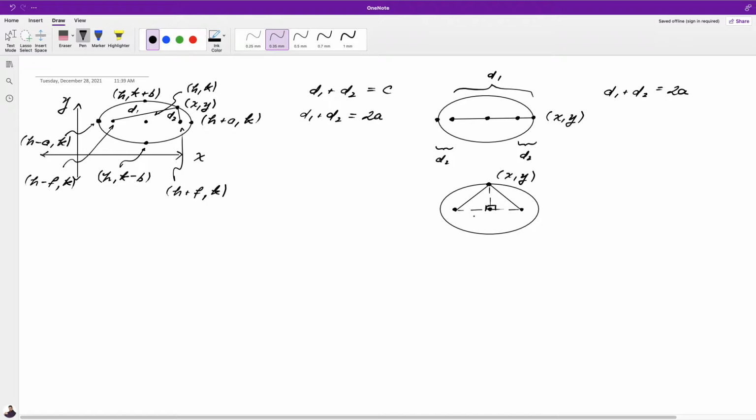We know that this is f, and we know this is f. But we know that this plus this has got to be equal to 2a.